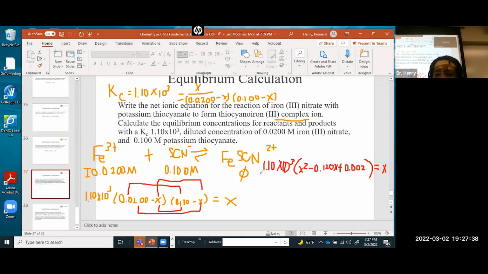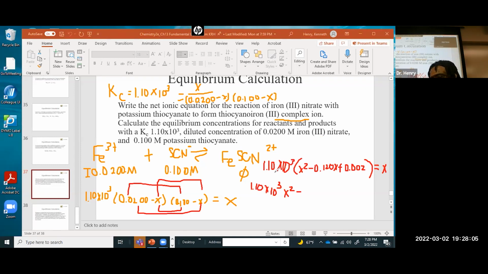Okay, so then we go ahead and multiply this with everything. So we get 1.10 times 10 to the third power times x squared minus, I have to plug it in.